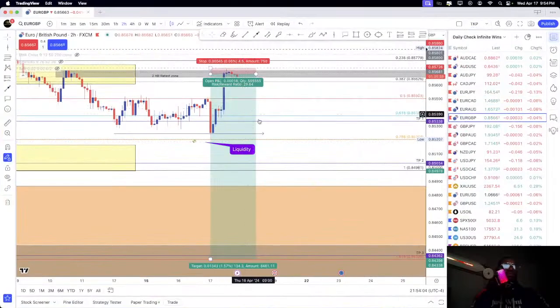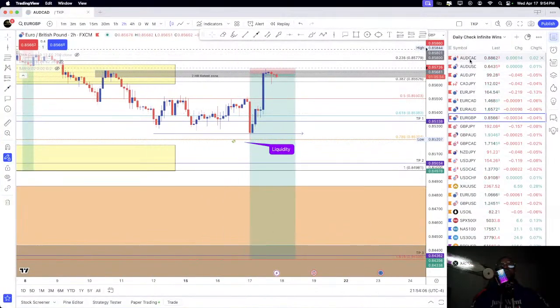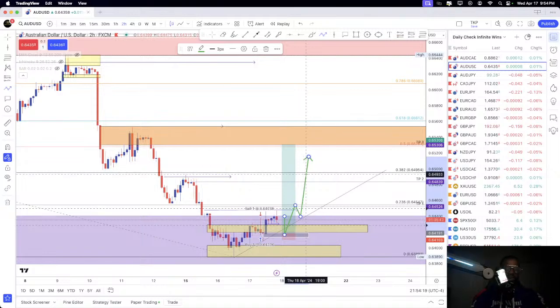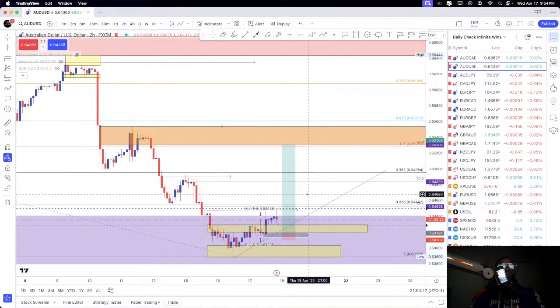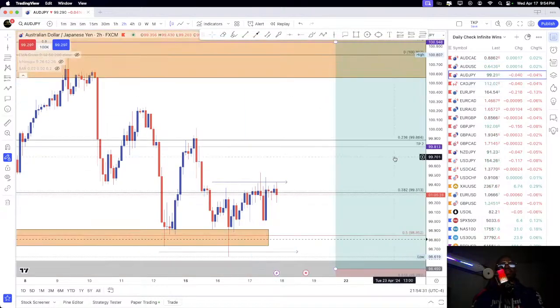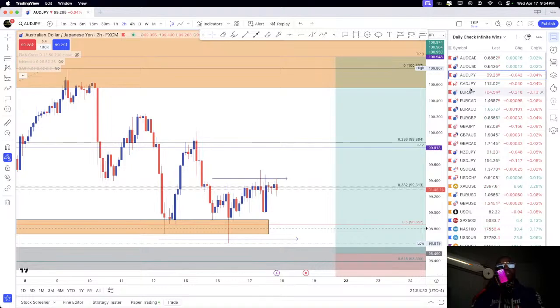So pretty much exactly what we were looking for on AUD USD is a possibility. It's giving us that quick drop, or vice versa, giving us a quick impulse to the upside, hitting this, and continuing down. That's normally what you'll see.